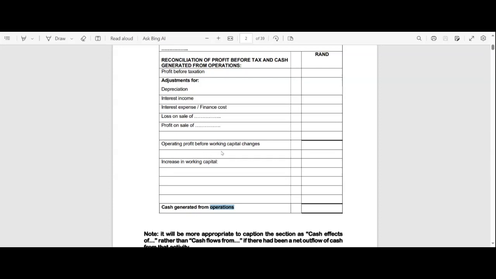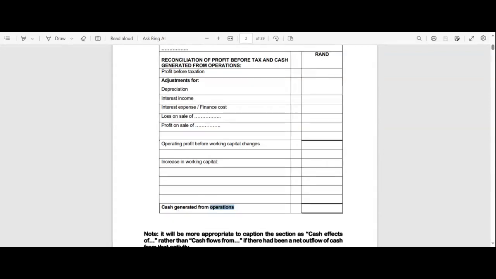But the intention of that is to eliminate the effect of the accrual system. If I say you are eliminating the effects of the accrual system, it means that you are converting that operating profit or loss to a cash flow.